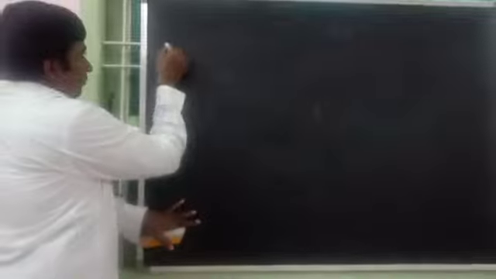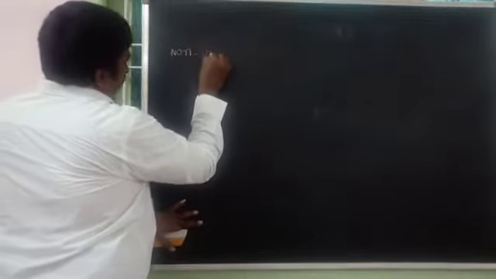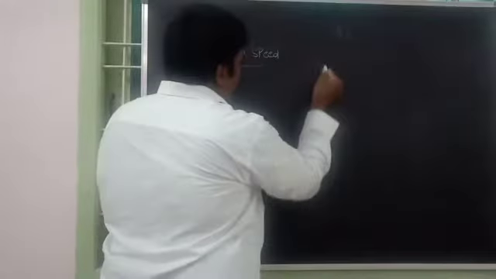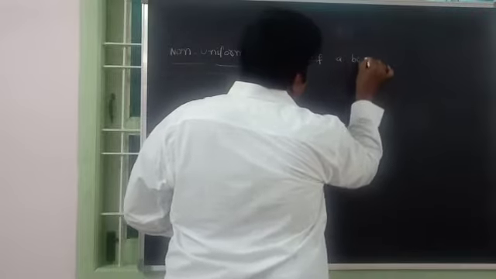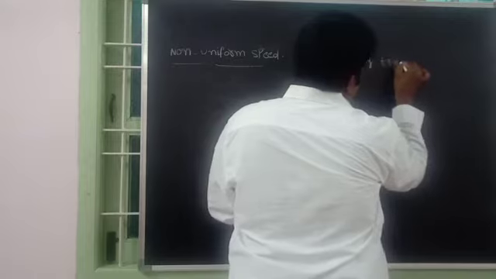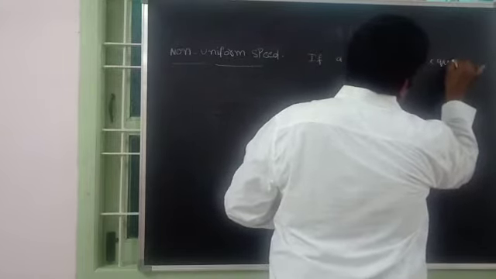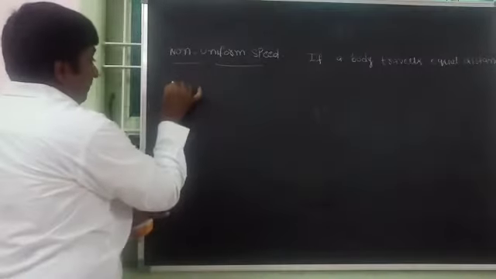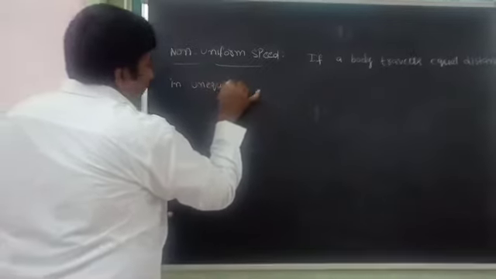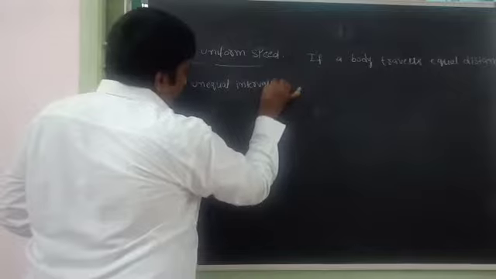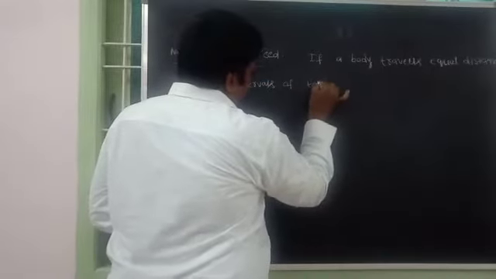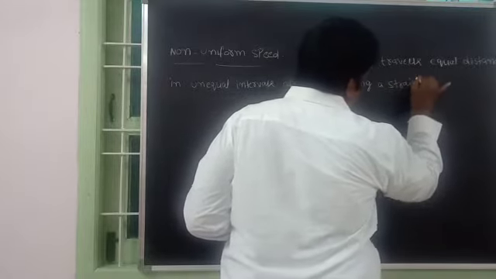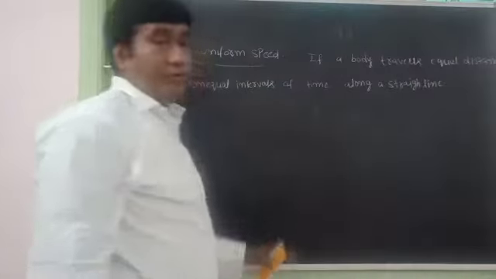So next one is non-uniform speed. If a body travels equal distance in unequal intervals of time along a straight line, however small the time interval may be.